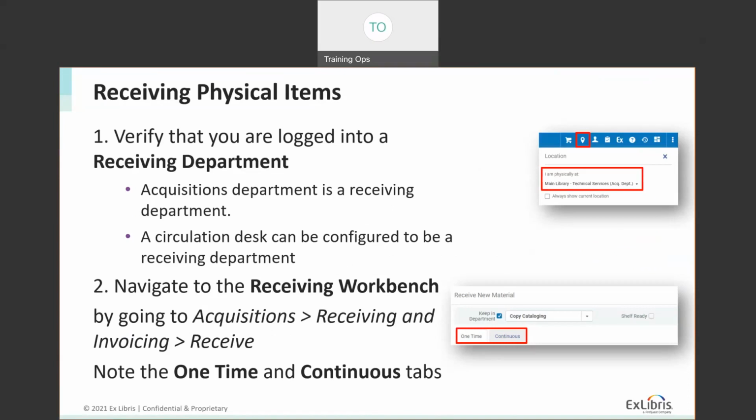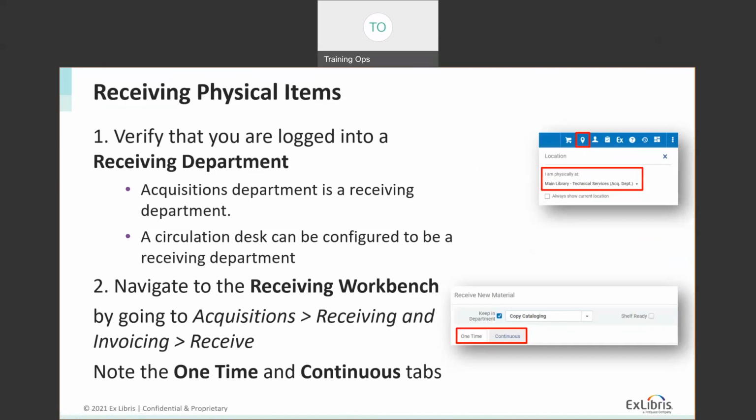So in that case, you could have that CERT desk at those libraries configured to be a receiving department, and they can receive their own serials, because those serials go directly to those libraries. The benefit is there's no need for the staff to toggle between locations. They can just do everything at the CERT desk. They don't have to toggle between an ACT desk and a CERT desk.